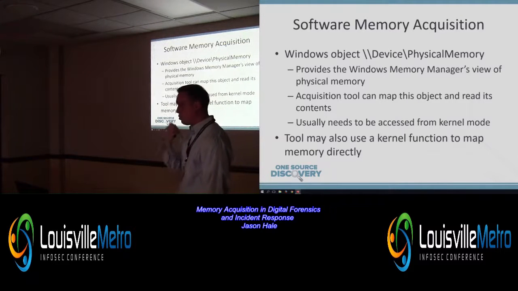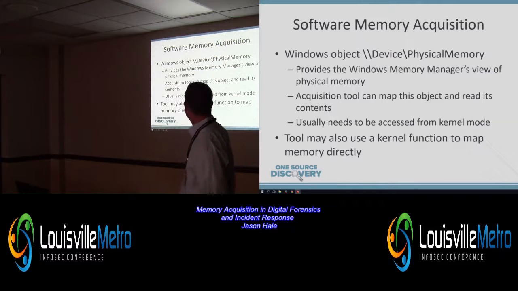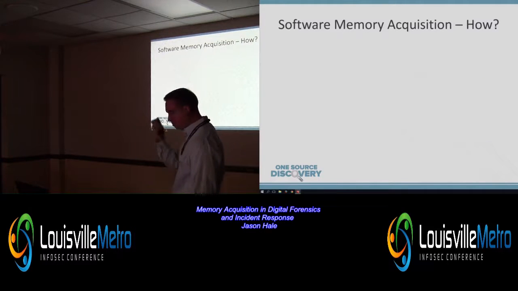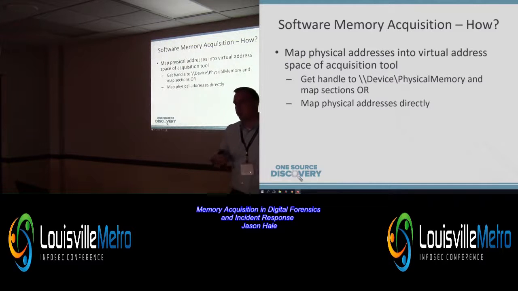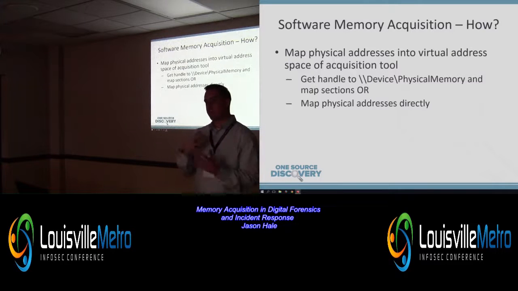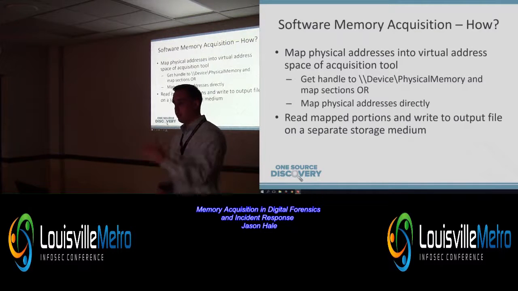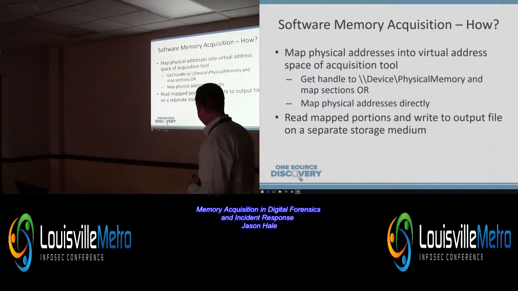We'll also see that some tools will use a kernel function to map this memory more directly. So they'll go around this physical memory object and map this memory directly. If we were going to narrow down how these acquisition tools are working into a couple of steps, essentially they are mapping portions of the physical address space into their virtual address space, and they're then reading portions of that out to a separate file.